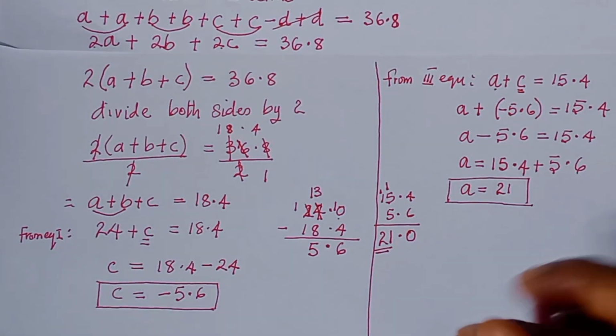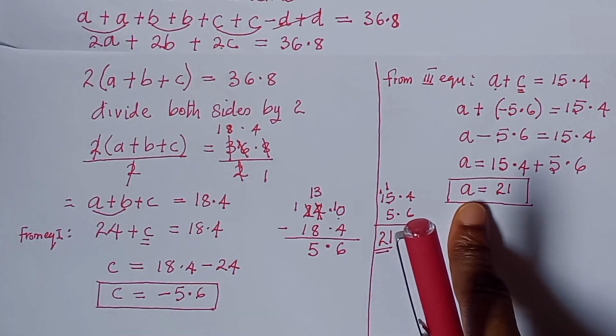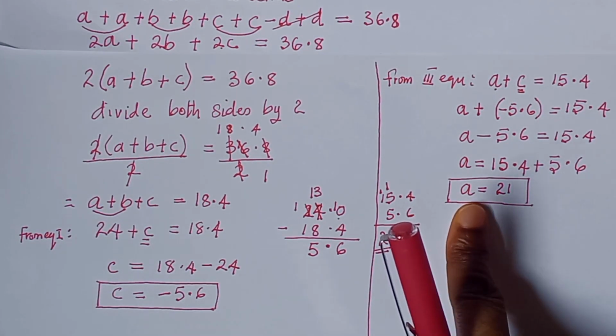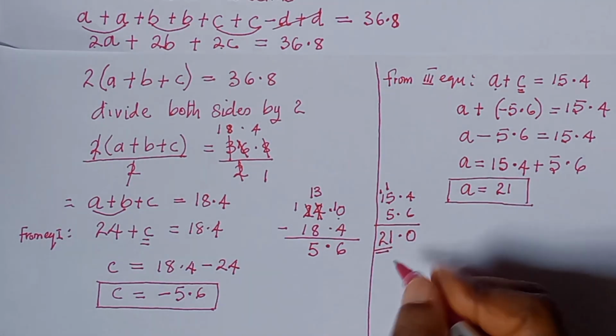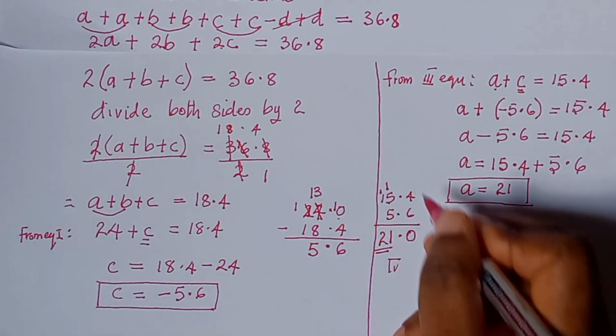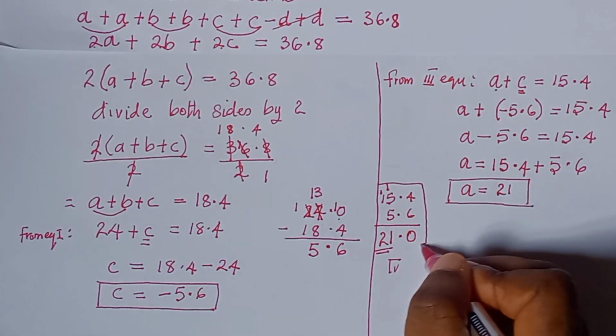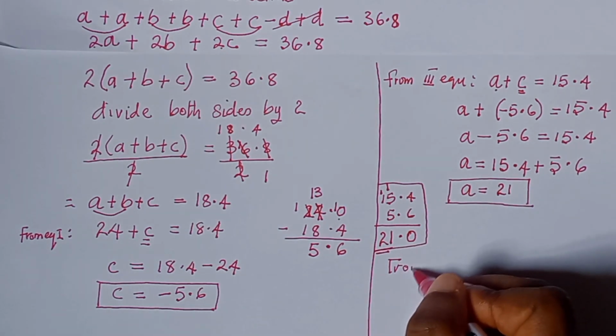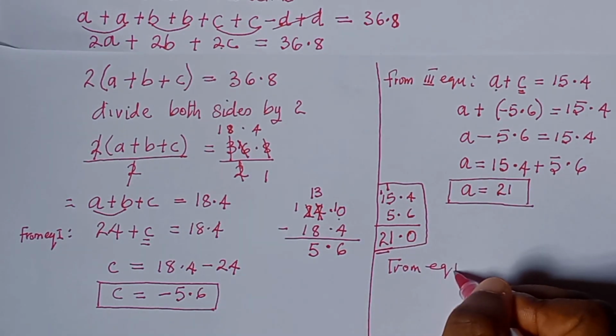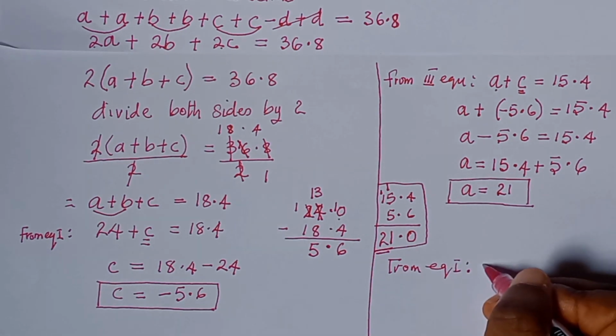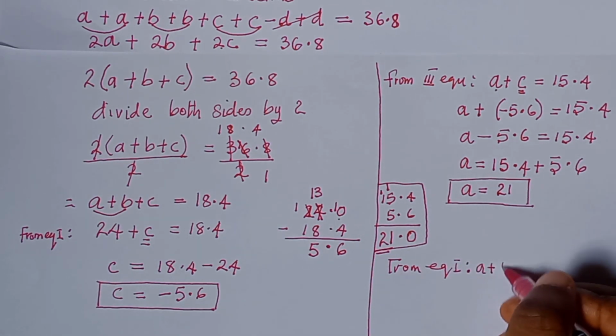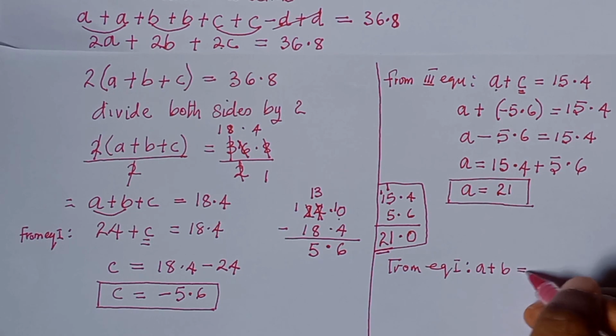Now that we're able to find our A, we can find our B from equation 1. From equation 1, we have A plus B equals 24.